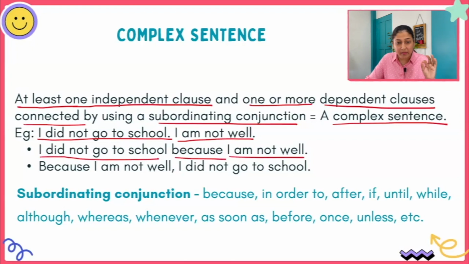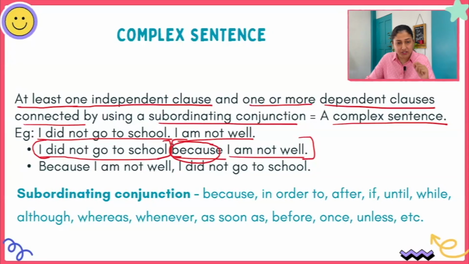So what am I using over here? Because, a subordinating conjunction. Now here we have two clauses: I did not go to school, clause number one, and because I am not well, clause number two. Together they form one single sentence, which is a complex sentence.